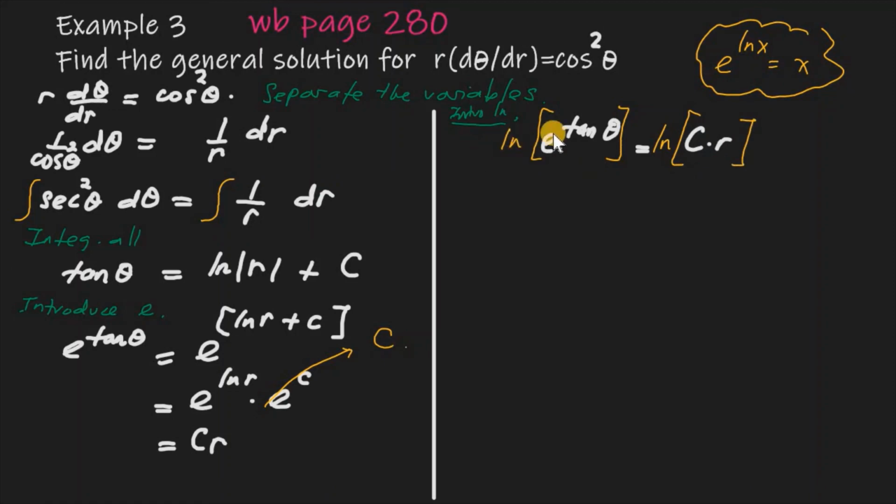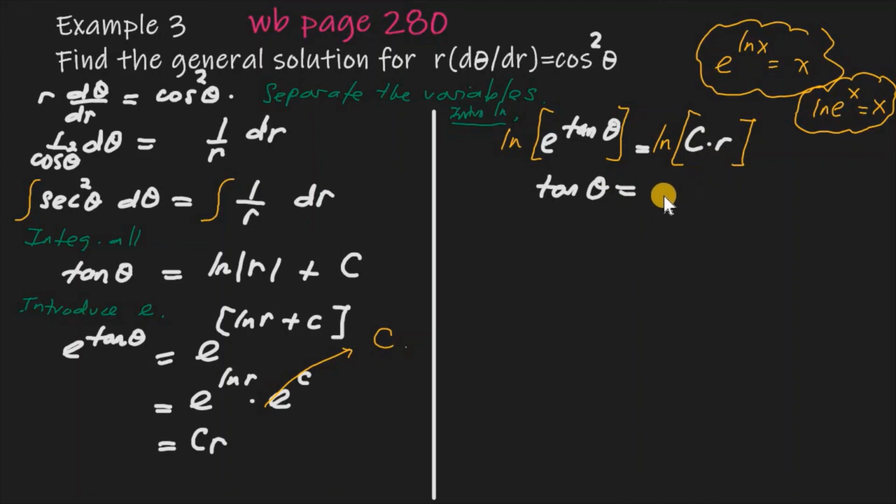Why so? Because when we solve this, ln e power tangent theta, another property of the log, ln e power x is also x. So ln e power tangent theta is tangent theta.